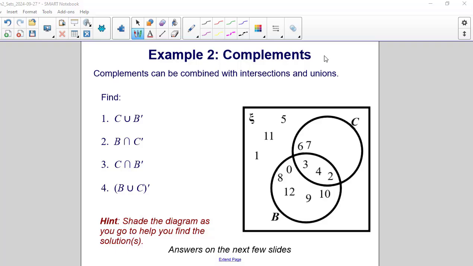A second example of complements. The objective of this example is to demonstrate how complements can be combined with intersections and unions. I'm going to give you 4 problems to try on your own first before revealing the answers.